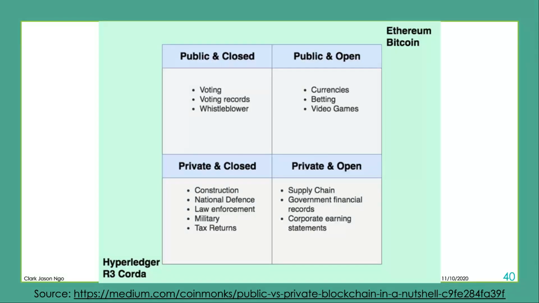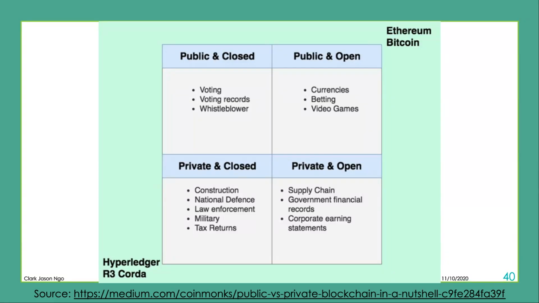Some examples of the public open, public close, private close, and private open. Public and open, an example are currencies, so Bitcoin, right? Public and close, we can use voting because the servers that can help with the computation are basically invitation only.